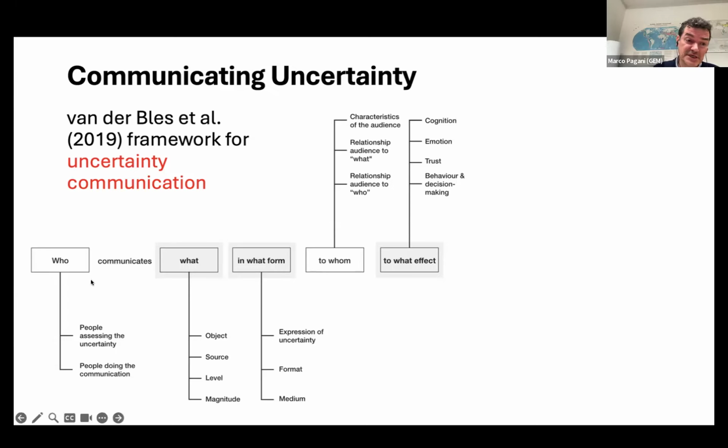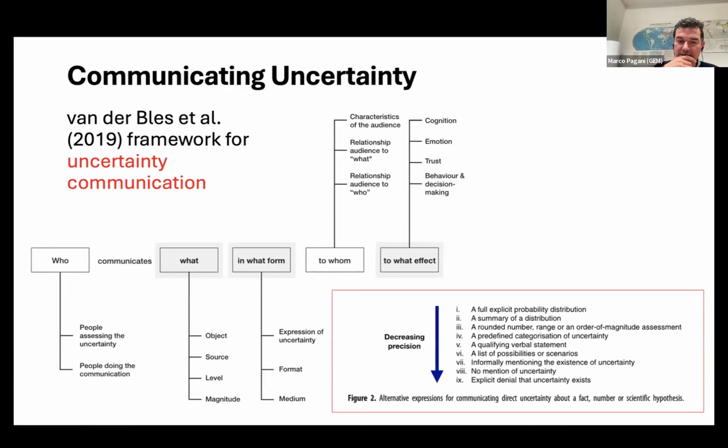Who is the subject to which you are communicating uncertainty, what uncertainty, in which form, to whom, and with what effect: cognition, emotion, trust, behavior, and decision making, because that's also, of course, quite important to take into account.